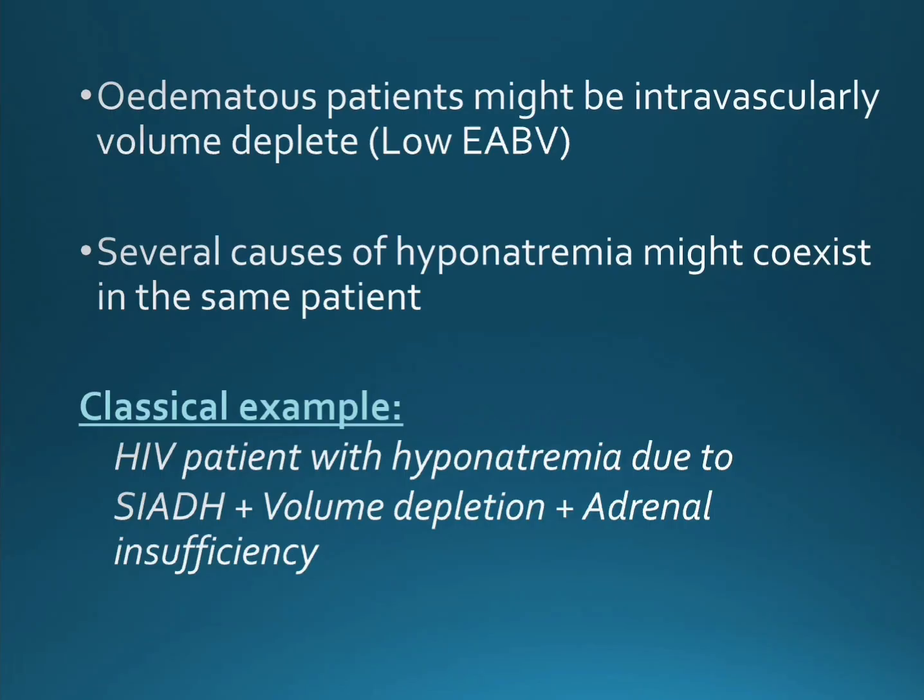Another fact about hyponatremia: it might have more than one cause in the same patient. A classical example is an HIV patient with hyponatremia due to SIADH, syndrome of inappropriate ADH, in addition to volume depletion and adrenal insufficiency.